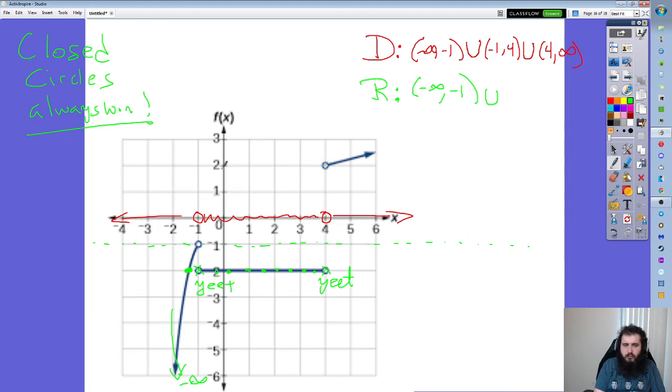That's where our next open circle is. And again, we look on that horizontal piece and we see that there's no closed circles to beat it out. So 2 is going to be an open circle. And then if we remember, arrows mean going forever. So it goes all the way up to infinity.